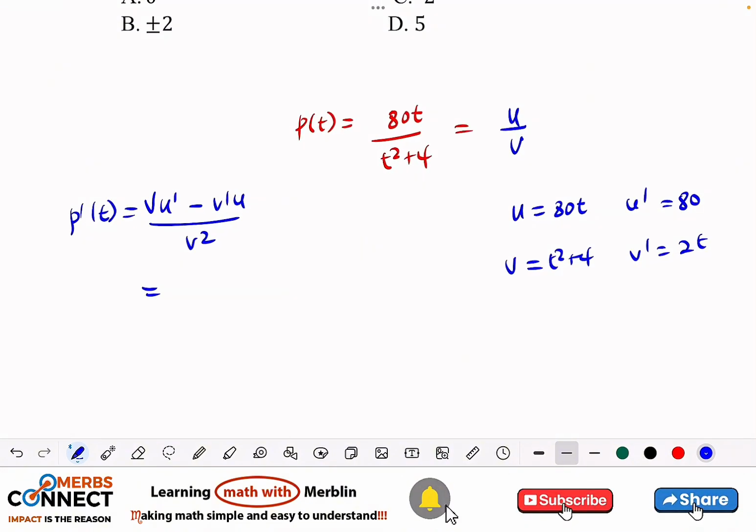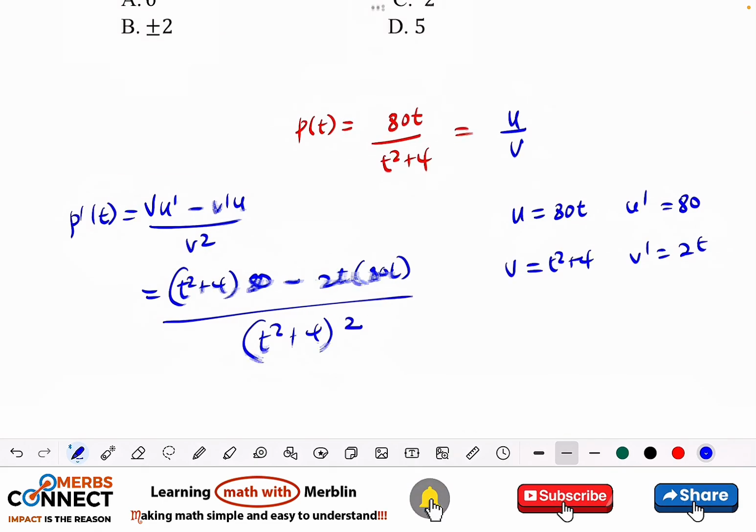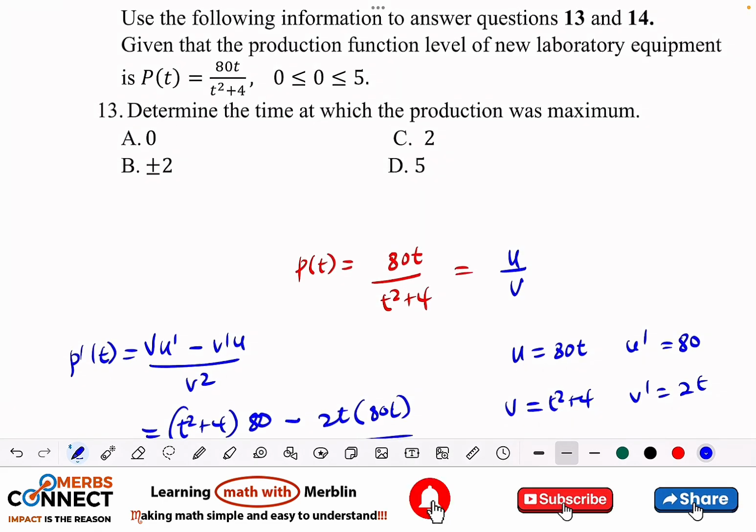Plug them in, and we are going to have t squared plus 4 times 80 minus 2t times 80t, divided by t squared plus 4 all squared. So this is the quotient rule.